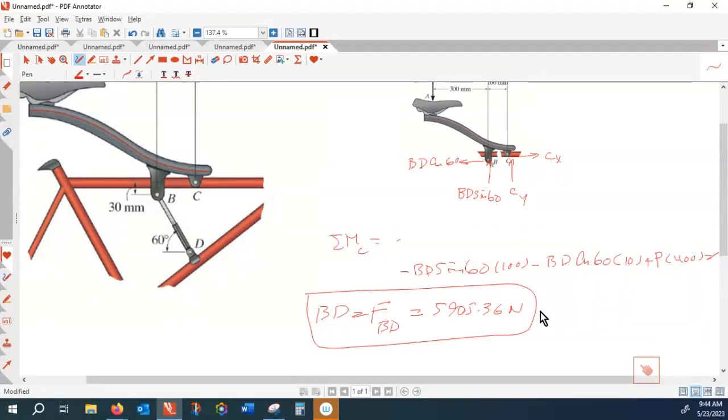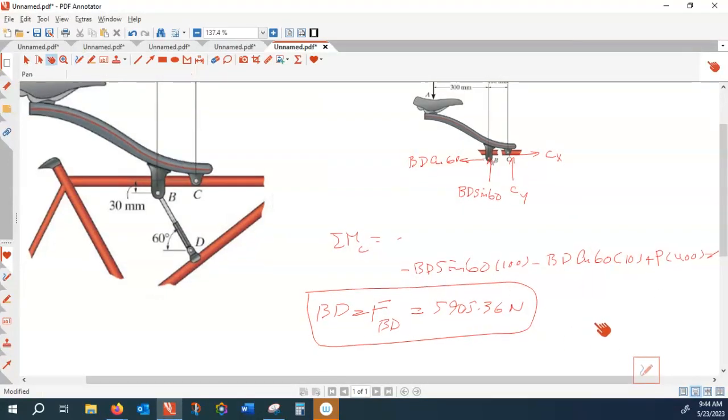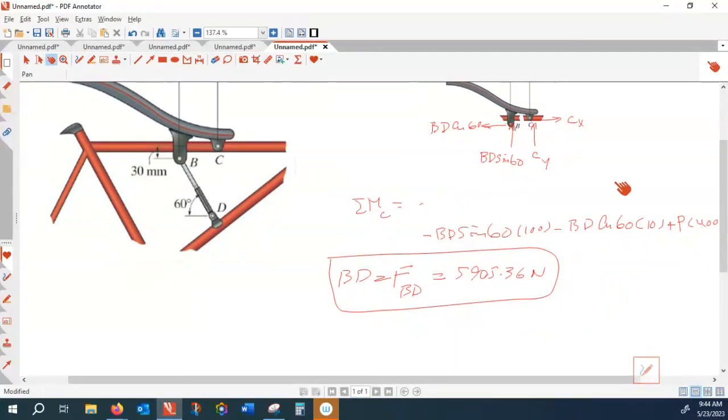And then we can solve the equation by taking rotation with respect to the B and two other equations. Eventually, you find out Cx and Cy.